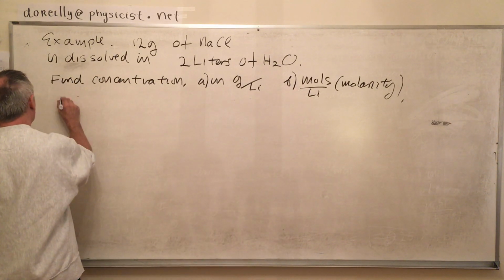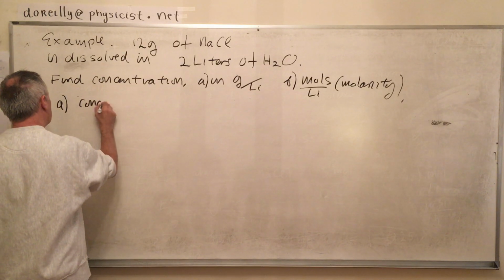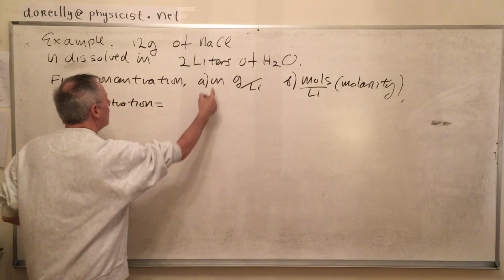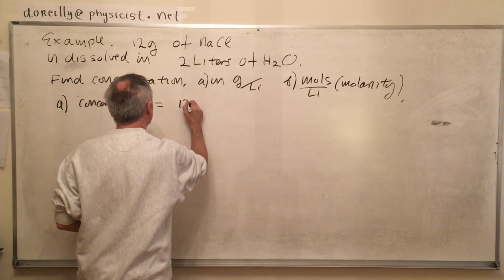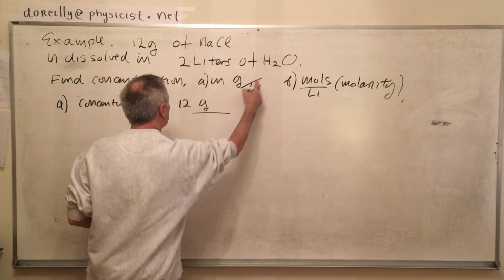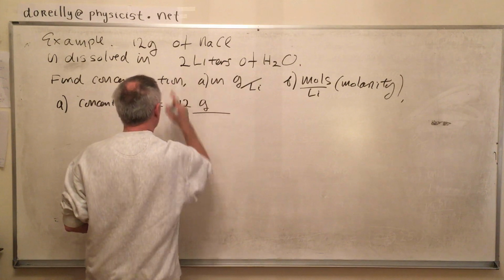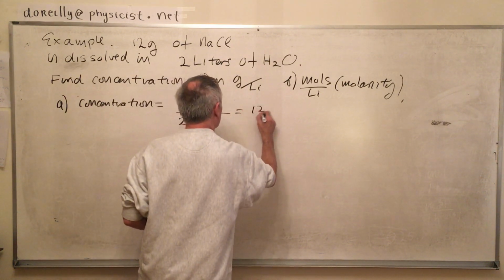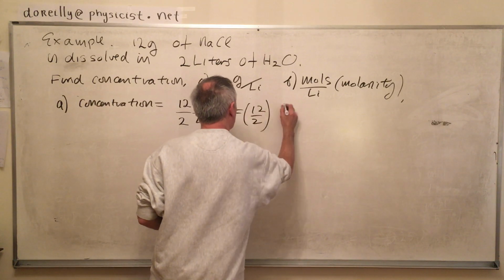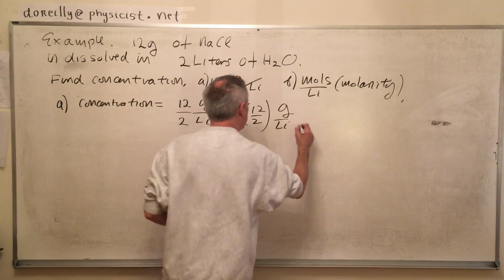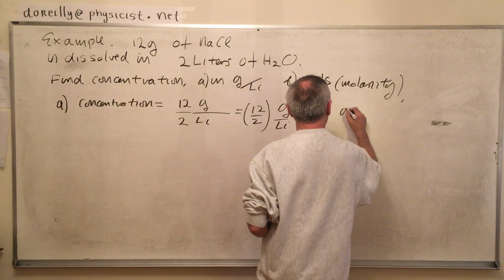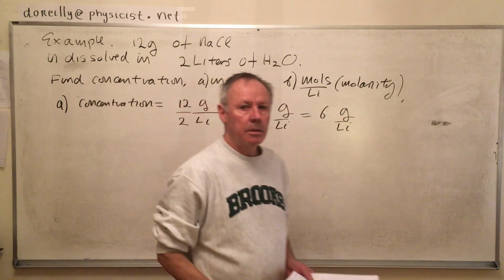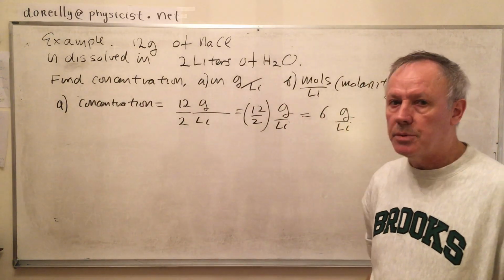So for A, we have 12 grams per 2 litres, same as 6 grams in 1 litre. 12 grams in 2, 6 grams in 1.